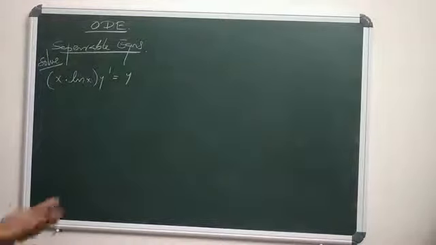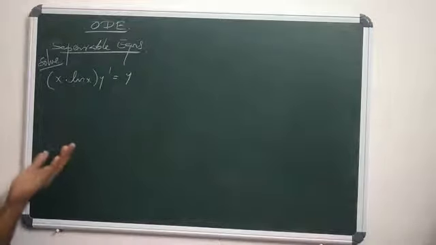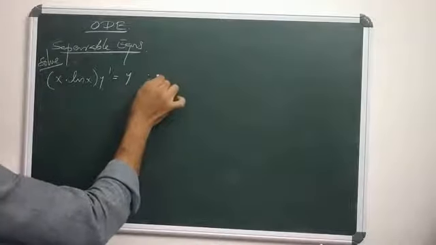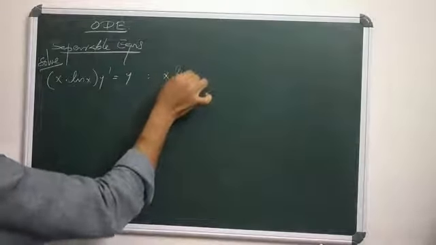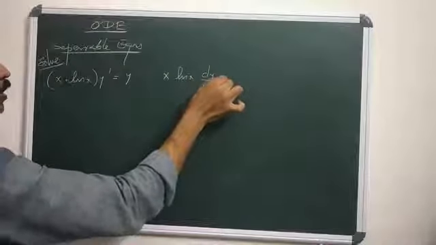Sure. Is it an ordinary differential equation? Ordinary, sure. So it's a first order ordinary differential equation. So the easiest method to solve a first order differential equation is to first convert it into the variable separable form. So here the given equation is x log x into dy by dx equals y.